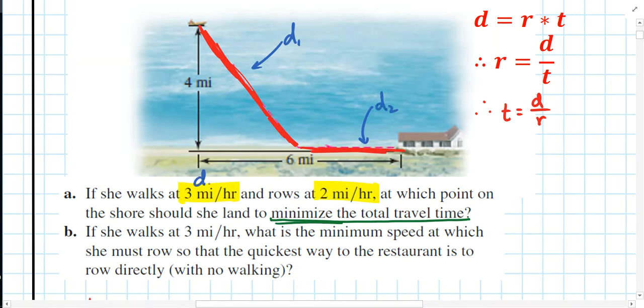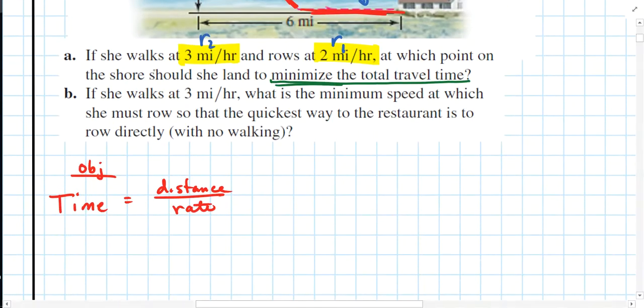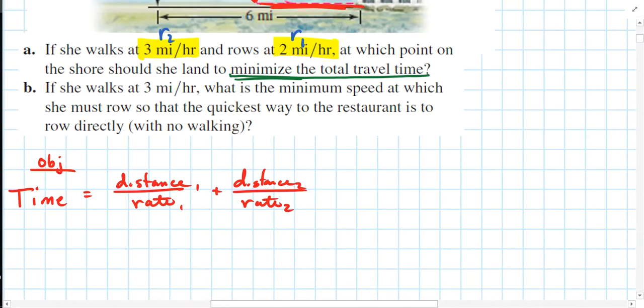So here's our d2 rate, let's go ahead and use r2, rate 2 and rate 1, because the rate in the water correlates with the distance in the water. So as far as our objective function goes, we might say something like this. Time is equal to distance 1 divided by rate 1 plus distance 2 divided by rate 2. So there's our objective.